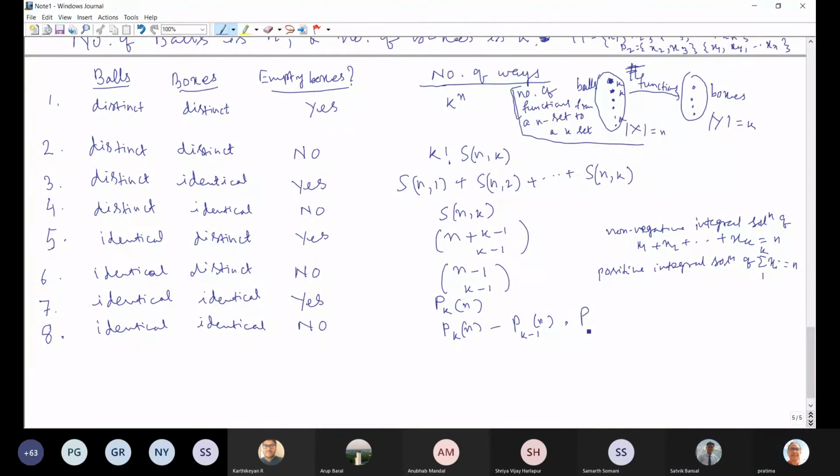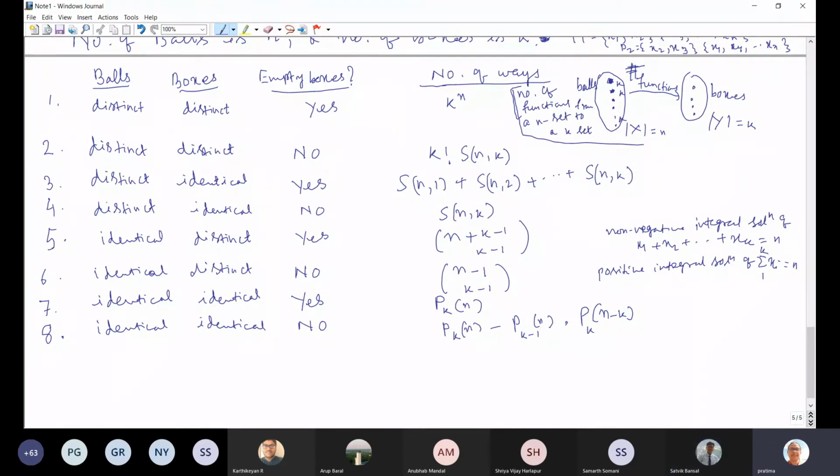Whether we can write like this or not, like we first put one ball in each box. Yes, exactly, we can write.